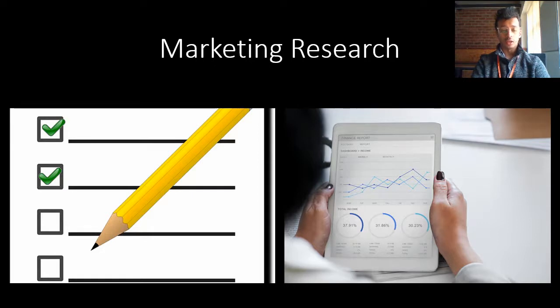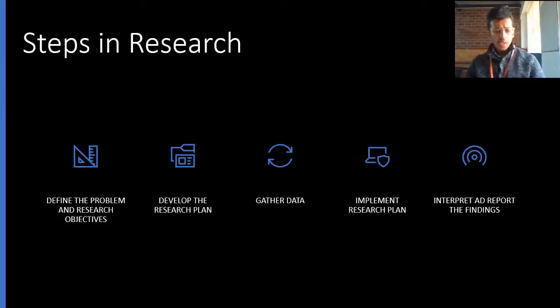So as you can see on the right side of this, these are some things we should know beforehand, because right now marketing research has changed a lot from years ago till now. But essentially the steps in marketing research remain pretty much the same. So let's look at what the steps are. The first step is defining the problem and research objectives.